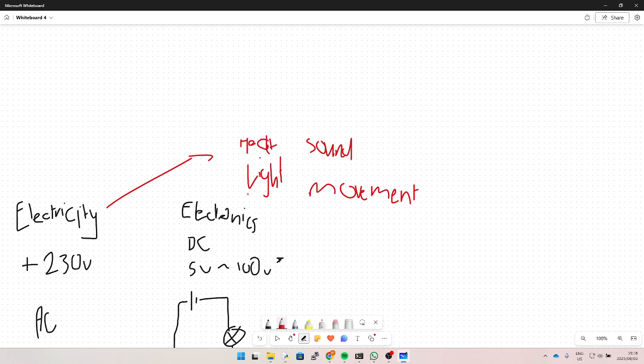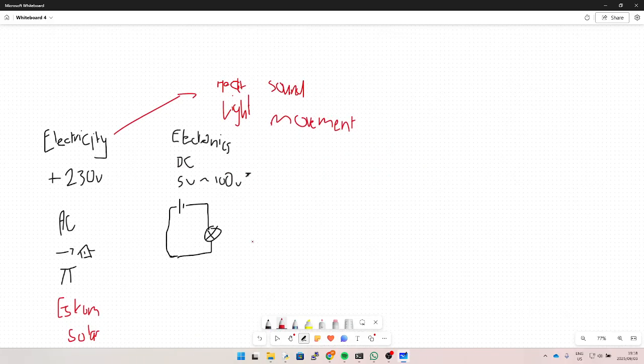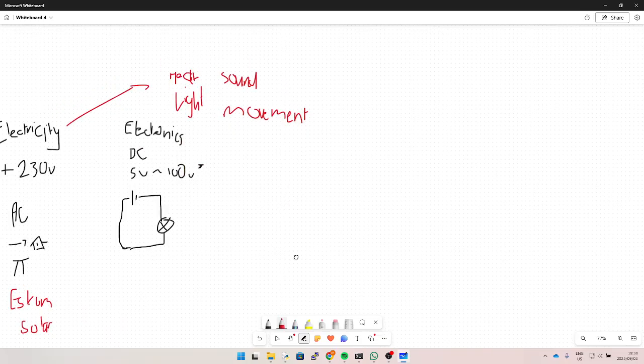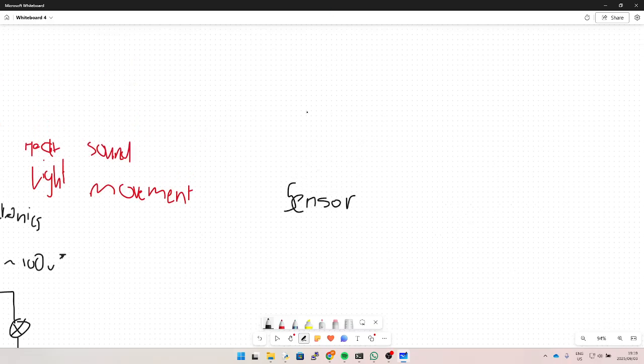So many of these circuits have something called a sensor. Moving forward from here, the sensor is your input. So this is an electrical system.